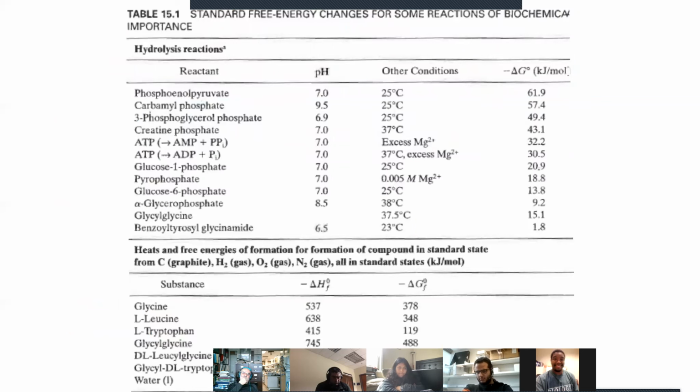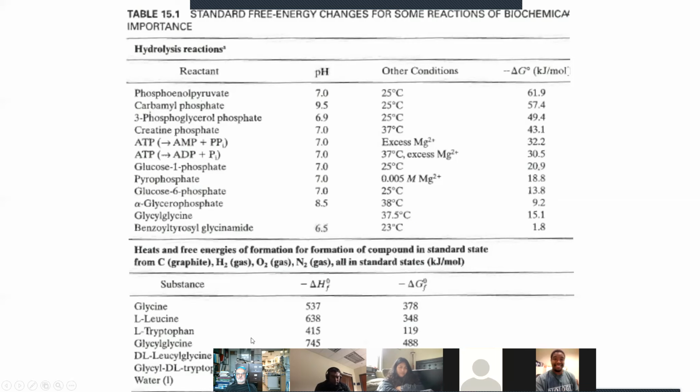Chapter 15 gives examples of pHs, conditions, and standard state free energies for various kinds of reactions. A lot of these are hydrolysis reactions where you're cleaving phosphates. I gave you a similar table in the lecture last time, showing you what the various values are.